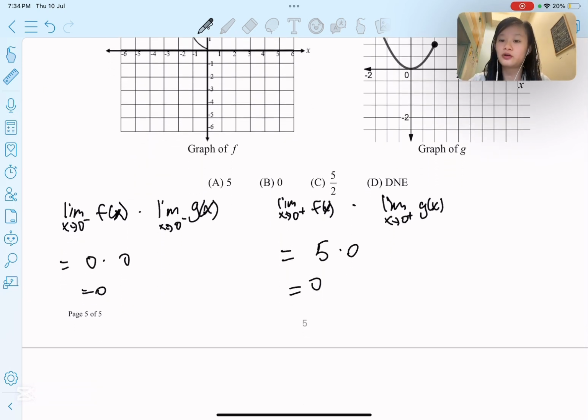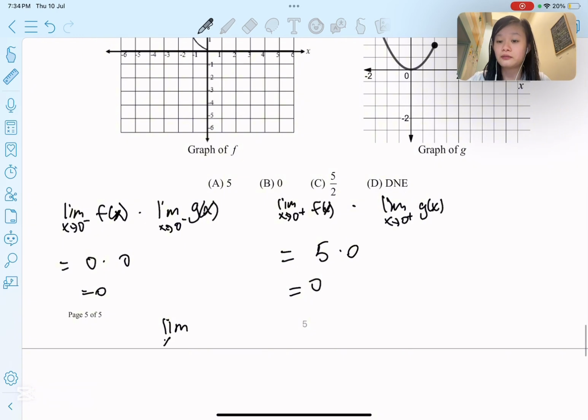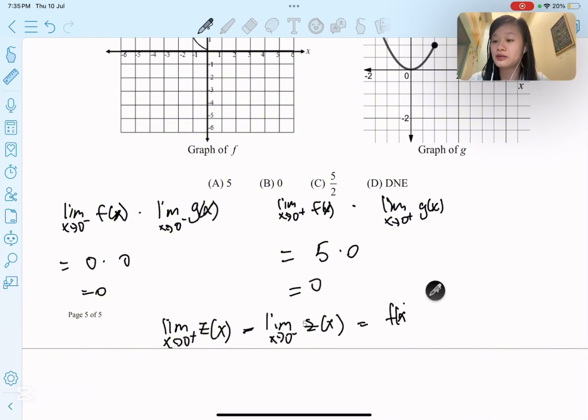So we have seen before that a function, say z of x, right? Limit as x approaches 0 from the left, if it equals the limit as x approaches 0 from the right of z of x, and if that is equal to f of x, of course, then it's continuous.